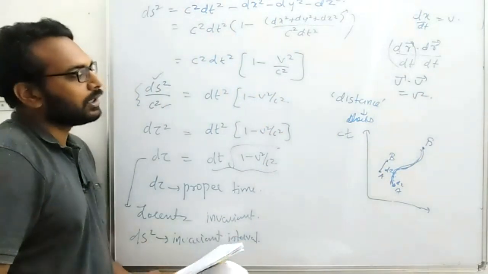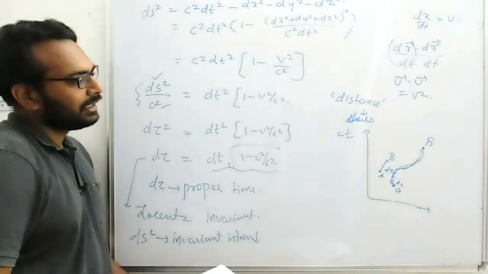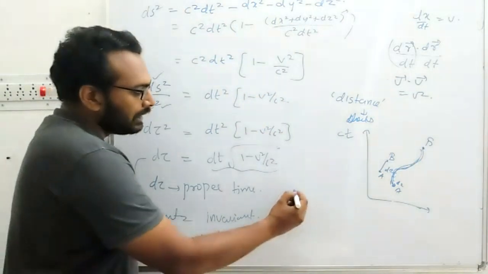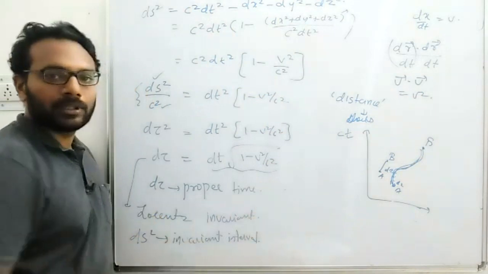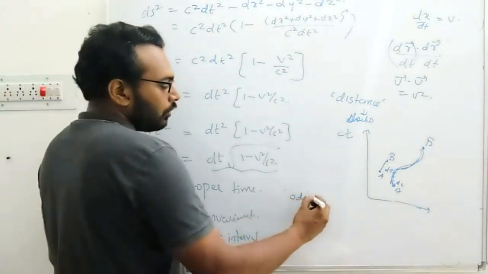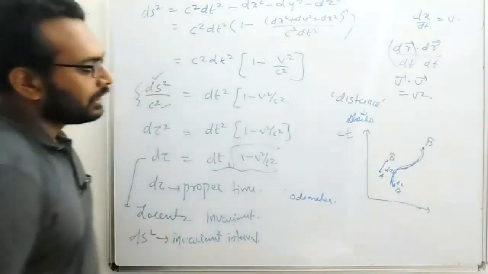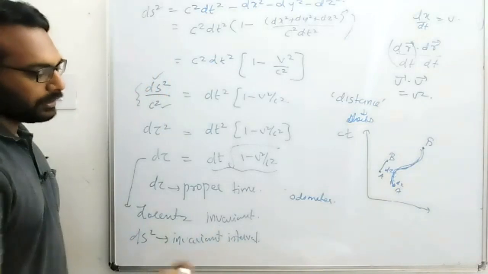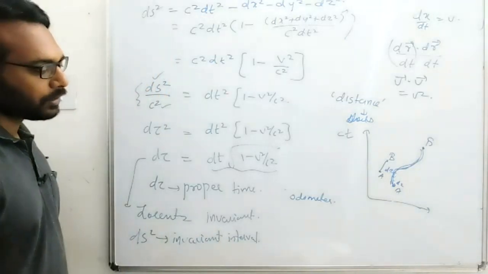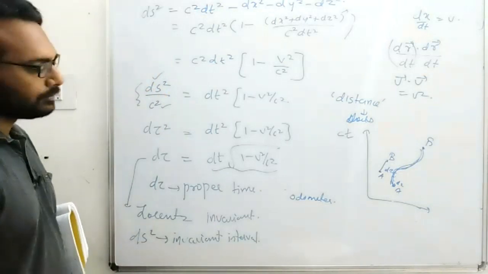This is very similar to an odometer. If you go by a bike or a car, you'll have this thing which shows you the distance that you traveled, 30 kilometers, 40 kilometers. That's known as an odometer, a thing to measure distance. You might have used some sort of app when you walk, to see how much distance you have walked, or you can see this in your car, bike, or bus.